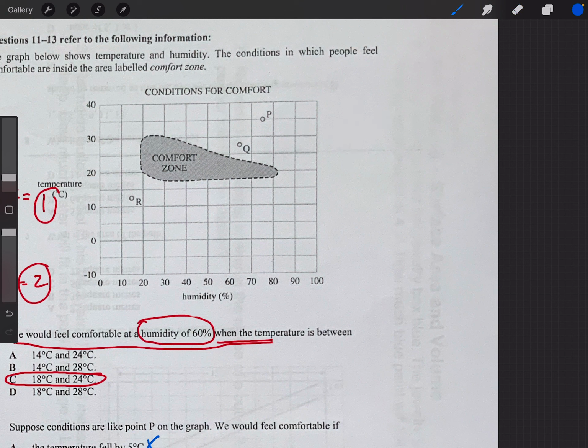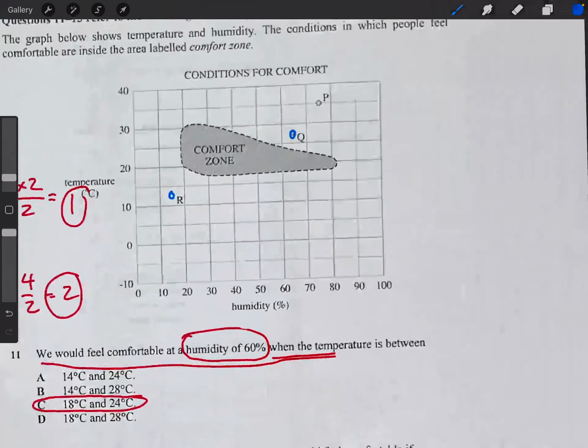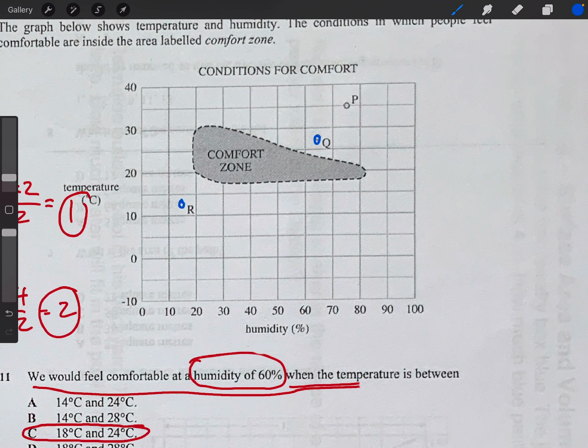Okay, so point Q and point R. Now it says, at which of these points could we feel comfortable by changing either the temperature or humidity, but not both?